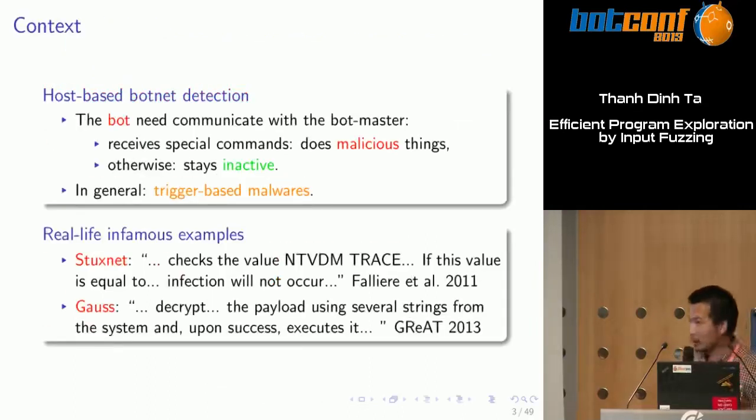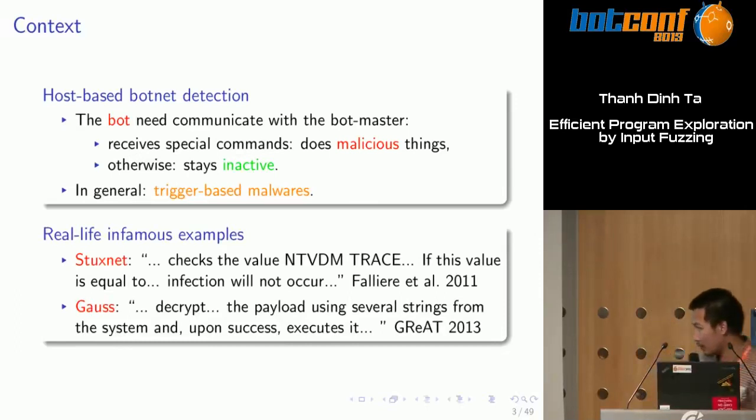We begin with the context of the problem. Imagine when we examine the bot on the infected host, and we recognize that the bot shows its malicious behavior if and only if it receives some special command from the bot master.